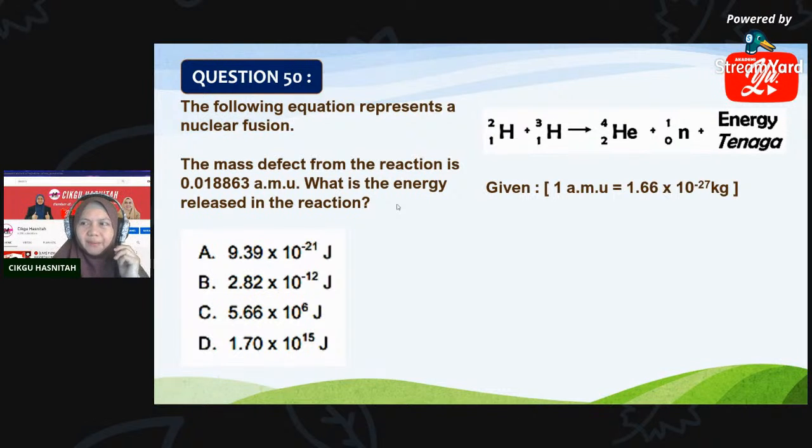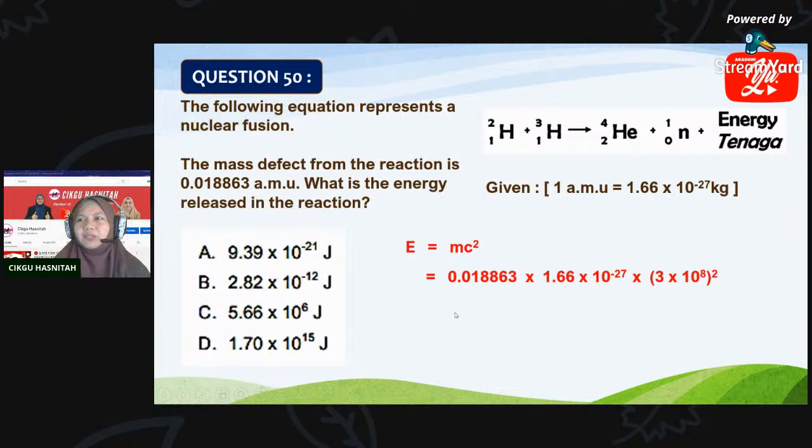What is the formula we are applying here to find the energy released in this reaction? Yes, it is E equal to mc squared. This is the formula we apply to determine energy released in nuclear fission, nuclear fusion, or radioactive decay.